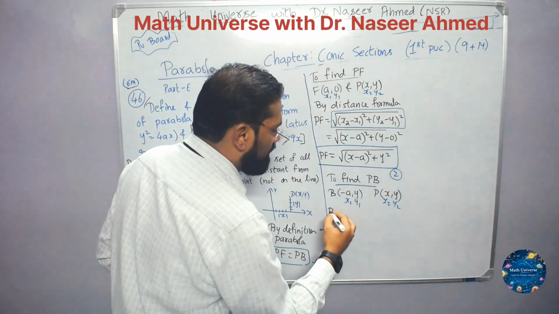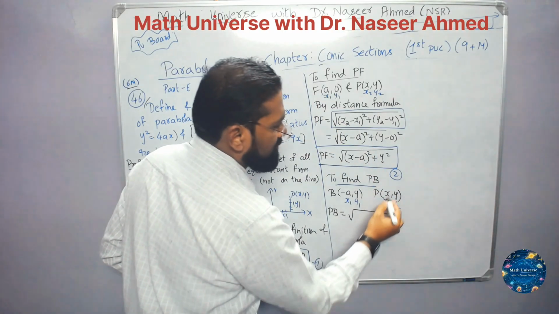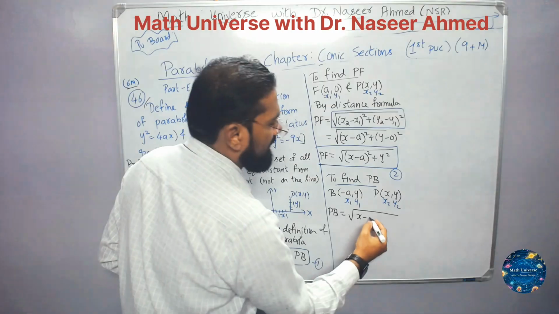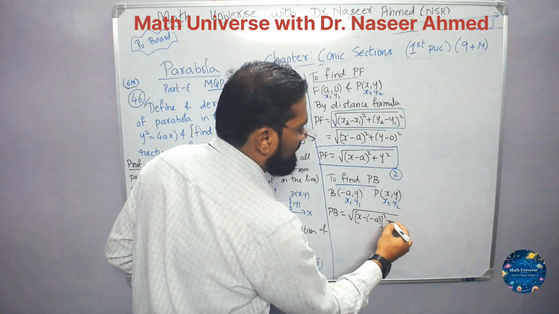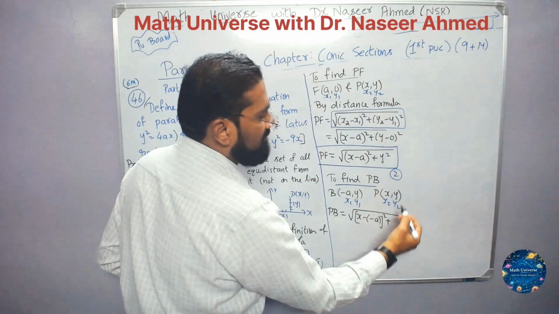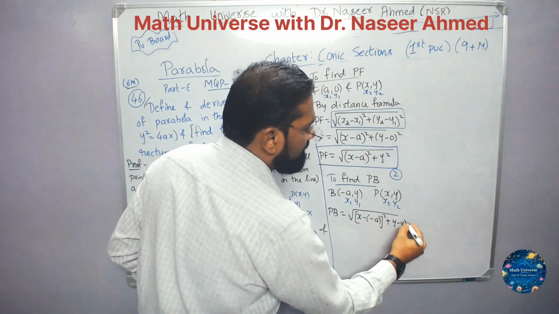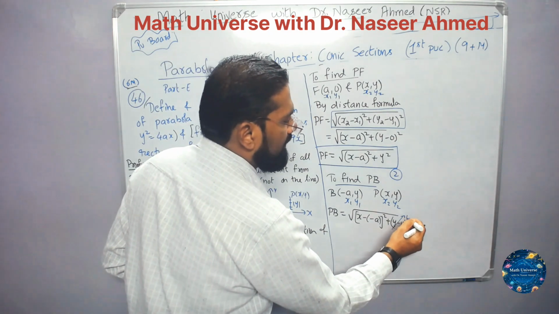So PB is equal to the square root of (x2 minus x1) the whole square. X2 is x, and from the formula x1 is minus a. Then I'll give a bracket, whole square, plus y2 minus y1. Y2 is y, y1 is also y, so y minus y it will be. As you can see, y minus y will get cancelled. I'll get 0 here.